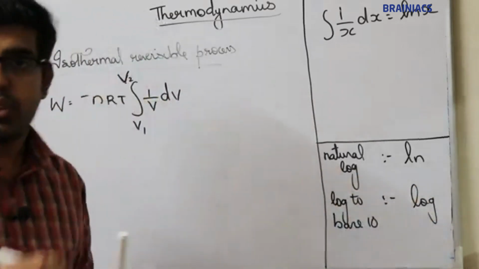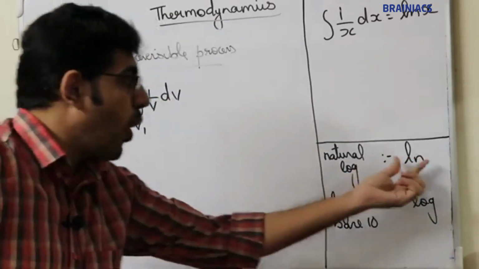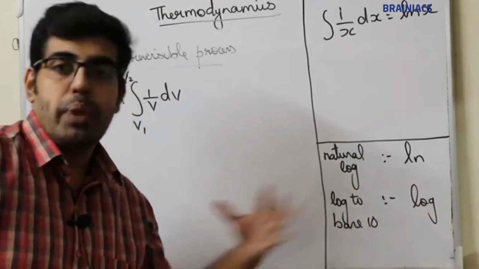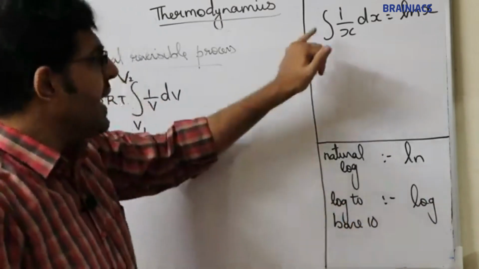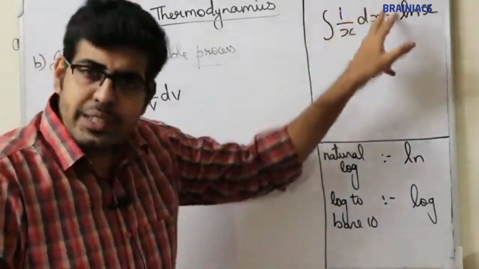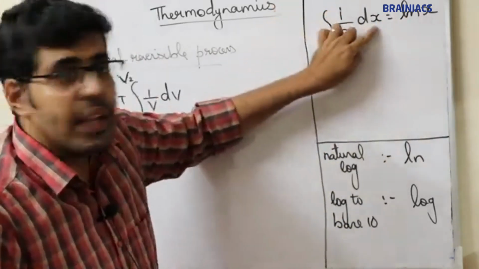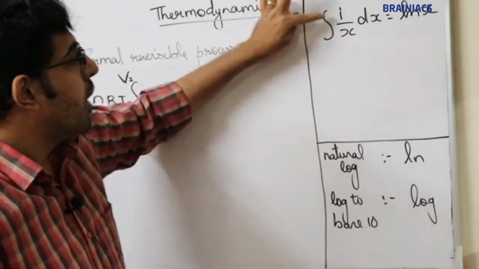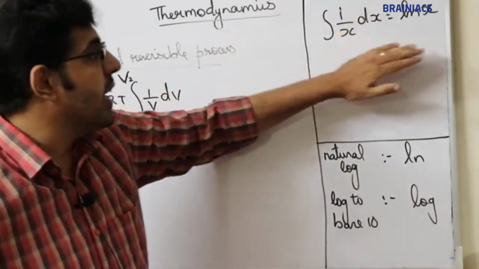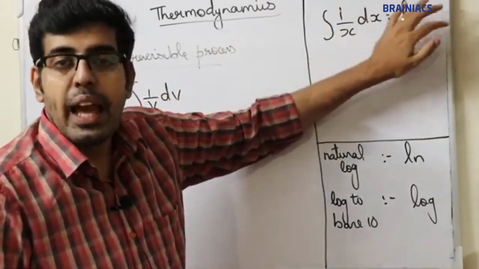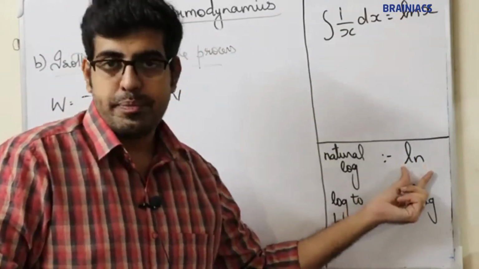When we integrate 1 by x dx, we will get ln x. ln means natural logarithm. Okay.